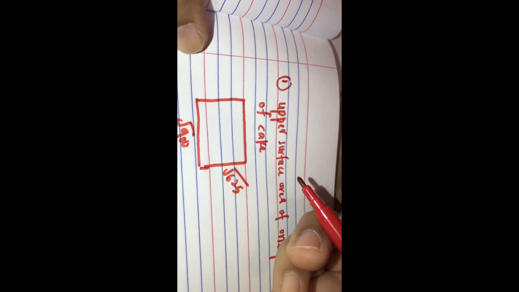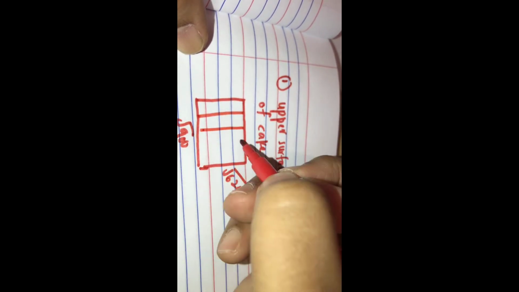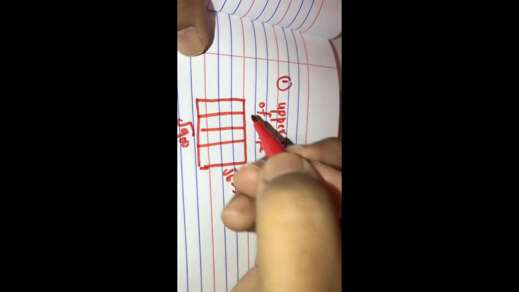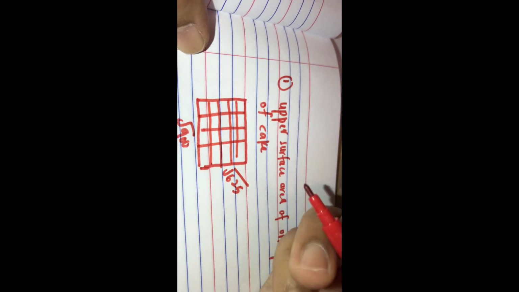Here there are 1, 2, 3, 4 only, and here 5. The question wants to find the area of 1 piece only. So how to solve? You find the area of all.